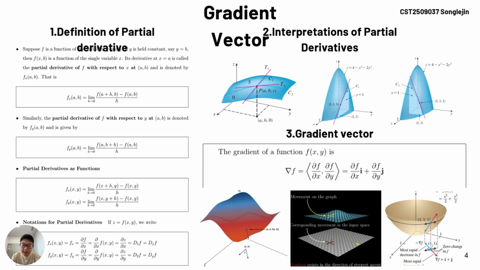It is just based on partial derivative principles. A gradient vector is a vector composed of the partial derivatives of a multivariable function, pointing in the direction of the function's steepest increase or decrease, with its magnitude indicating the rate of that increase or decrease.